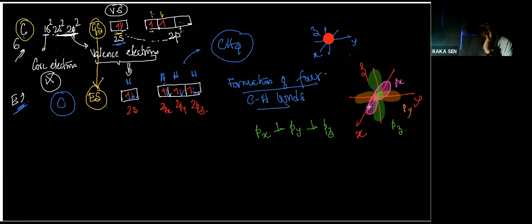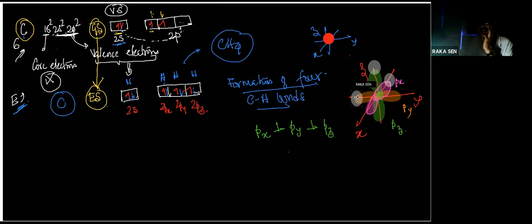That means one hydrogen is combining with this one. This is my one hydrogen, right? One hydrogen is combining with 2py, that means this is my 2py. The third hydrogen is combining with 2pz, whatever it is, xyz.